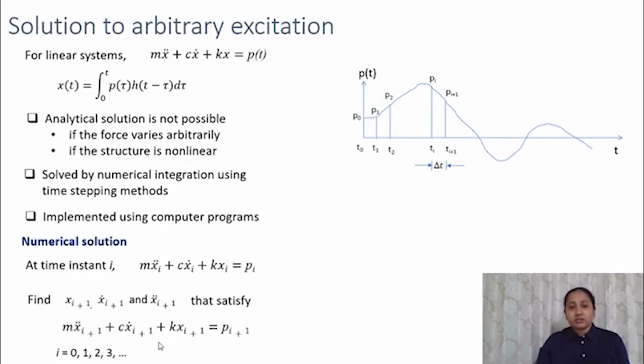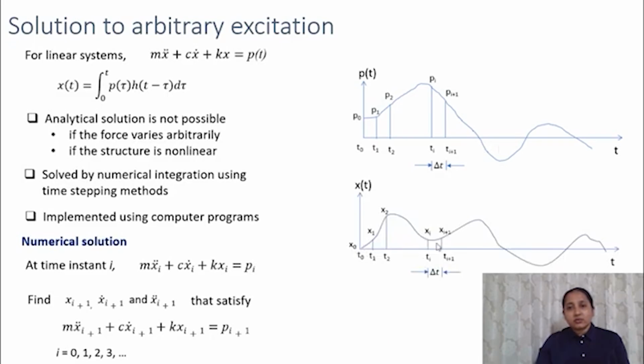So if we solve this, you get the displacement, velocity and acceleration at t is equal to t(i+1). So at each time instant, we can solve this equation of motion and find the responses at each of these instants. So we can find the displacement response at t0, t1, t2, ti, t(i+1), etc. by solving these individual equations of motion and calculate the values of x1, x2, xi, x(i+1), etc.